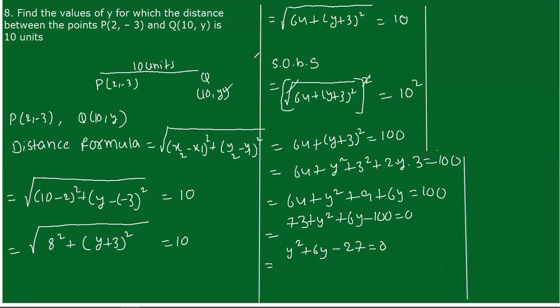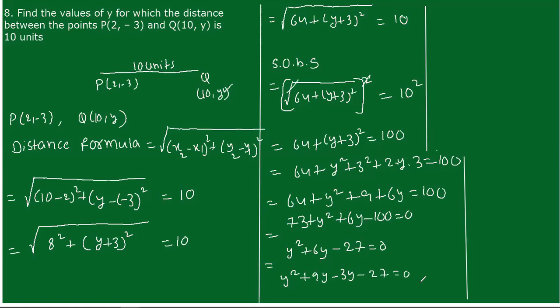Here we have to choose two numbers: if we multiply, we should get 27, and if we subtract or add, we should get 6. So I can take 9 and 3. 9 threes are 27, and 9 minus 3 is 6. Perfect. So y square, and the bigger value must be positive, which is 9, so 9y minus 3y minus 27 equal to 0.